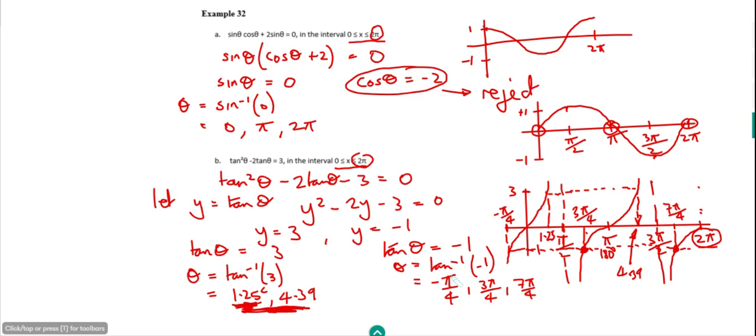Also, we must be very clear that we're rejecting this value because it's not in our range. So we reject that one. And the values that we're interested in that are solving this equation in our range 0 to 2 pi are 3 pi by 4 and 7 pi by 4, and also these two values here.